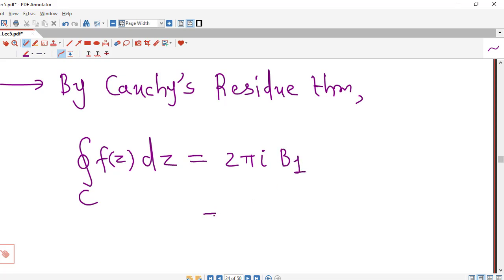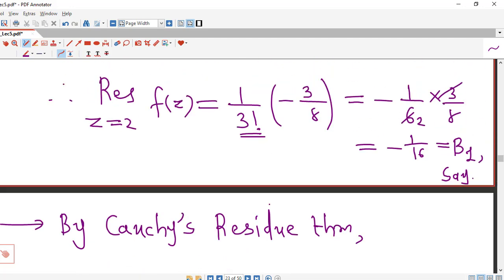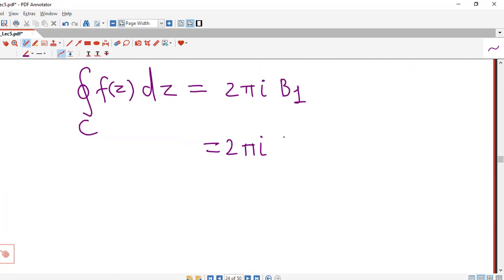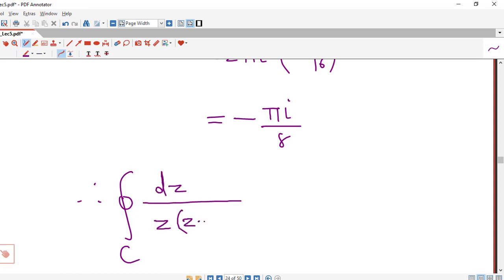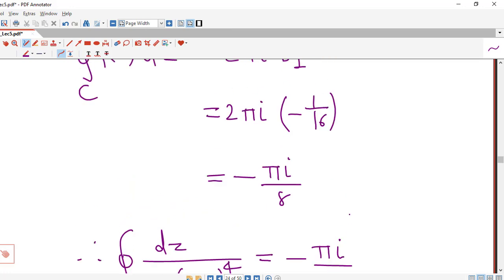There is only one residue here, which is denoted by B1, and the value of B1 is minus 1 by 16, which we substitute here, and here 2 will cancel out, and we have minus pi I divided by 8. So therefore the integral of the function 1 over z times z minus 2 raised to 4 along this circle is nothing but minus pi I divided by 8.